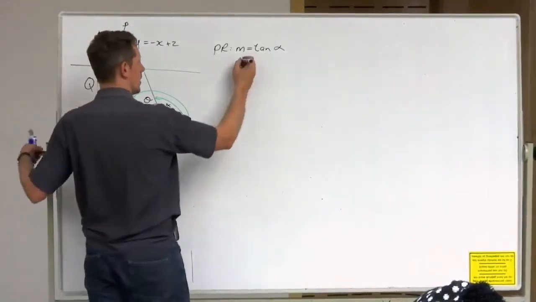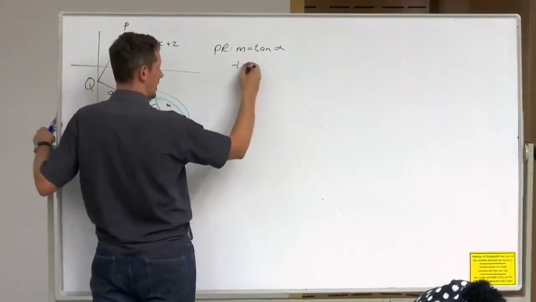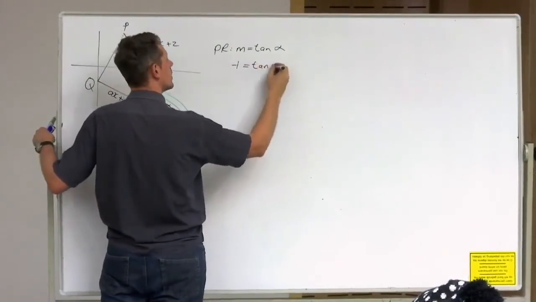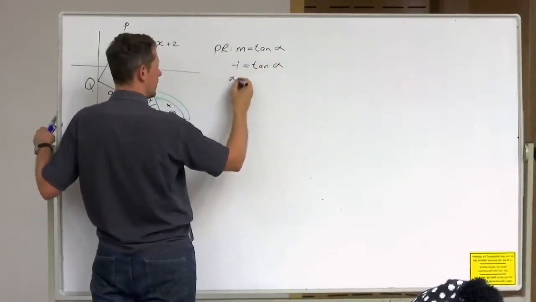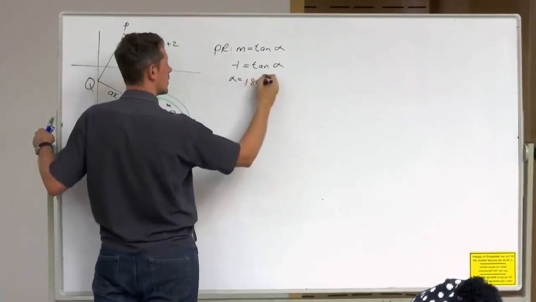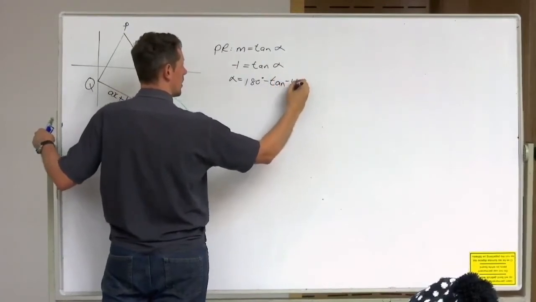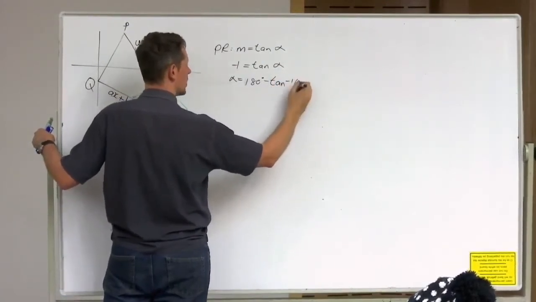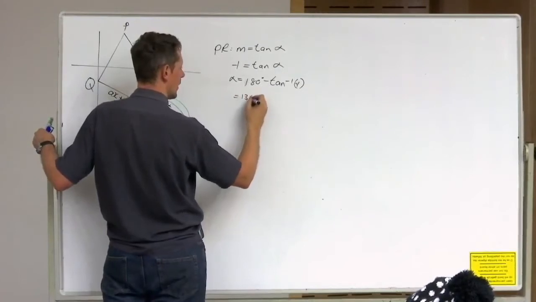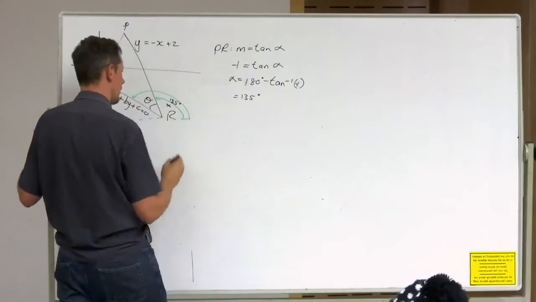Now, the gradient of this line is -1. So if I look at alpha, it's 180 minus alpha, arctan of 1, which is 135 degrees. So this one here is 135 degrees.